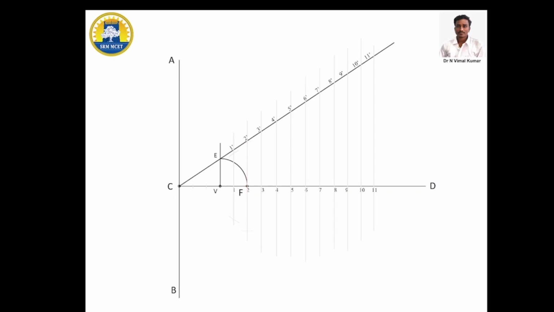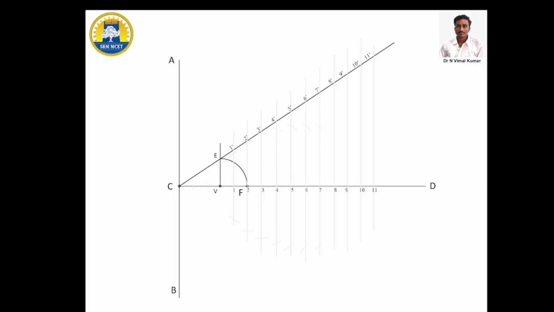Similarly you need to measure the 3 dash value and put the compass at F, the same distance, the 3 dash distance, and F2 3 dash, the same arc you can prepare. Next you need to measure the 4 dash value, put the compass at focus point F, focus point 2, and cut the arc from the 4 dash value.